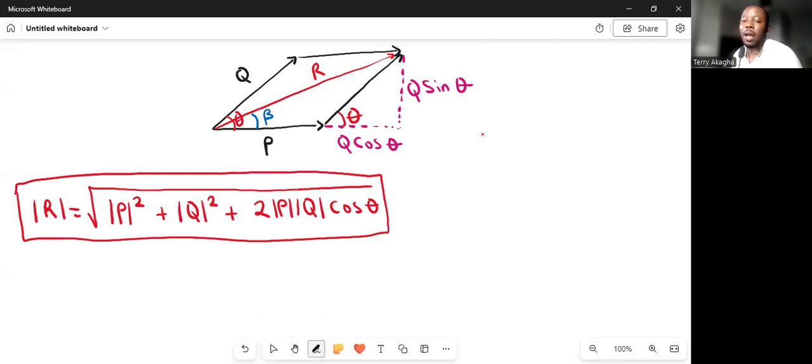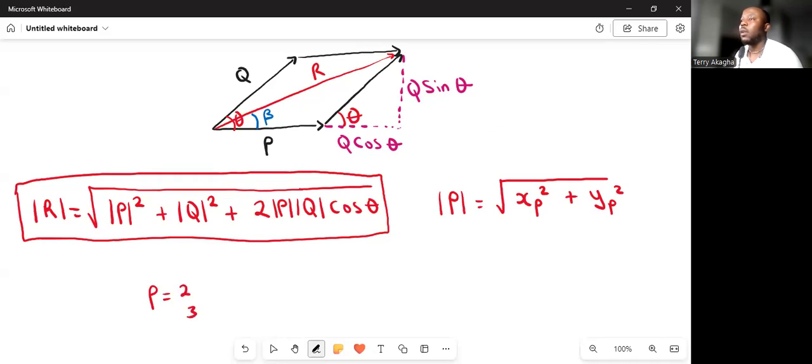Now, the question you now ask me: how do you find the magnitude of P? The magnitude of P is equal to the square root of the x component of P squared plus the y component of P squared. So if, for instance, P was equal to (2, 3), the magnitude is going to be the square root of 2 squared plus 3 squared.